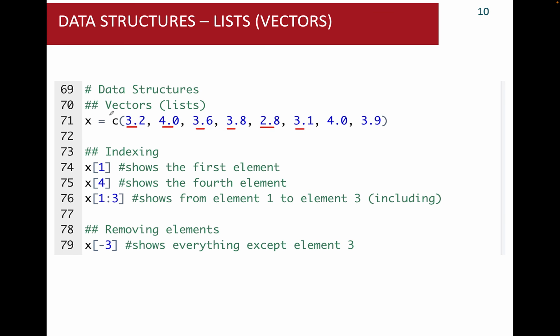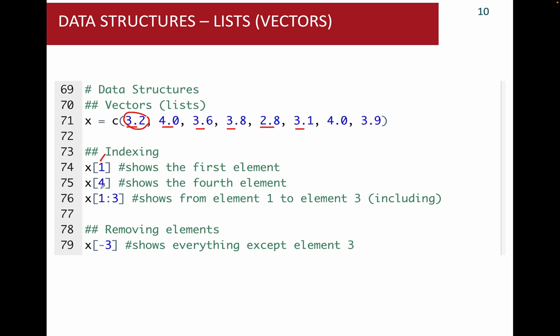When you create a vector in R, the vector is already indexed. And what that means is that you can retrieve values from the vector. So for example, if I say x, and in brackets, I just put the value 1, that basically shows the first element, 3.2.